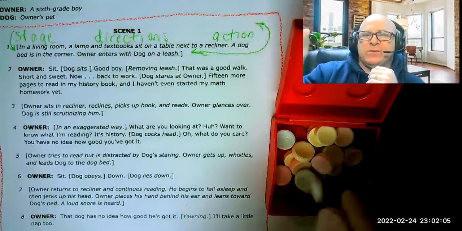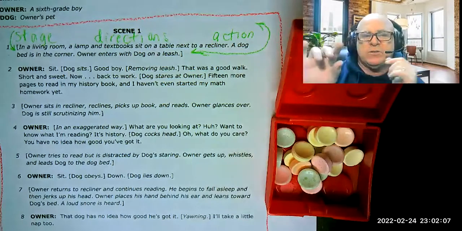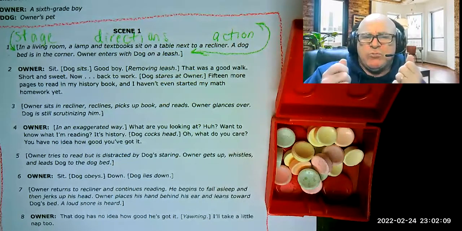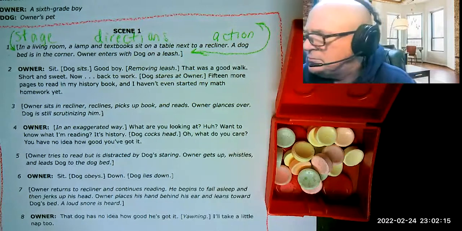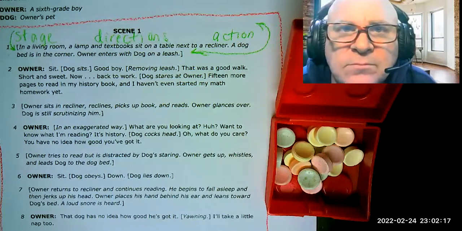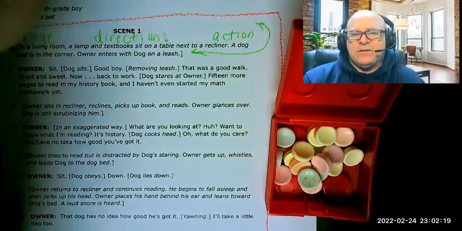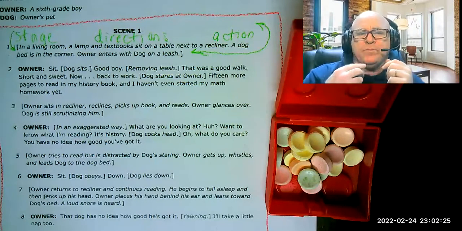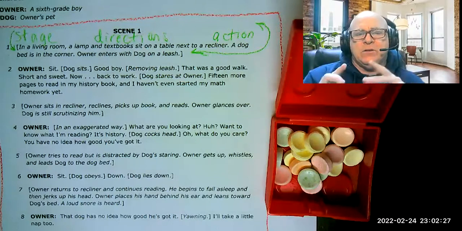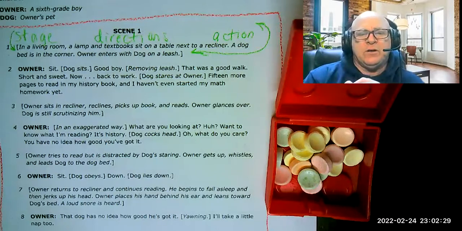Line 5, stage directions: owner tries to read, but is distracted by dog staring. Owner gets up, action. Comma, series, whistles, and leads, comma, and leads dog to the bed.